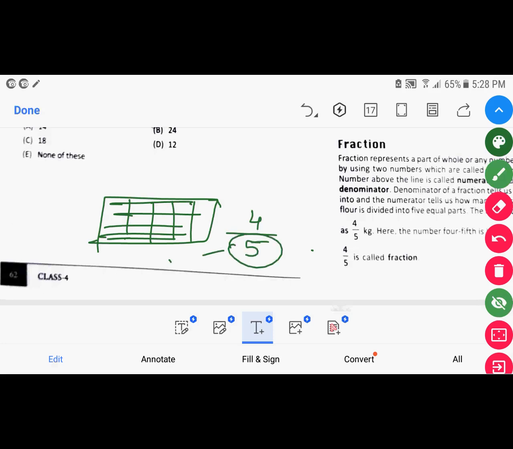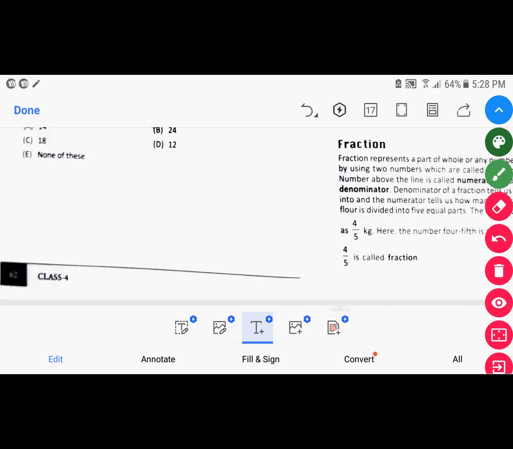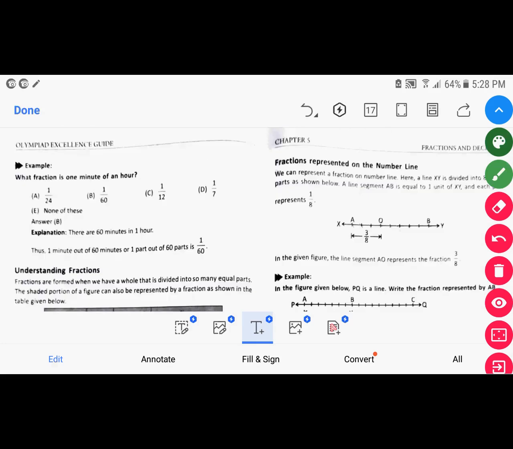Denominator shows us how many equal parts there are, and numerator shows us how many are taken out of those parts. So this is all about the fraction introduction.